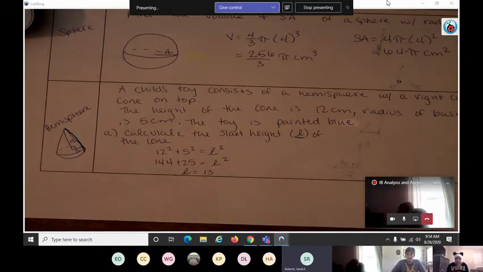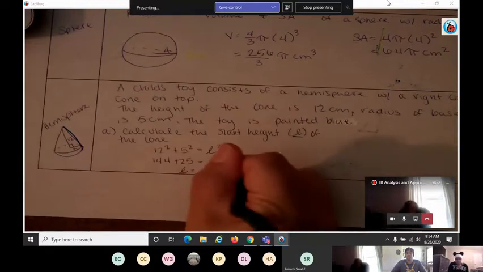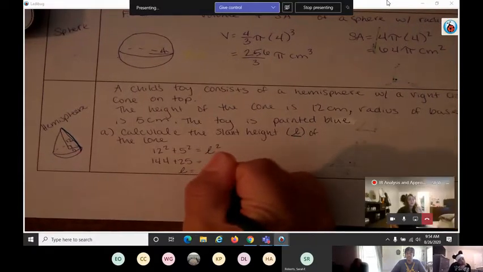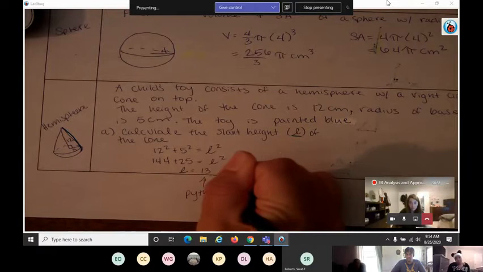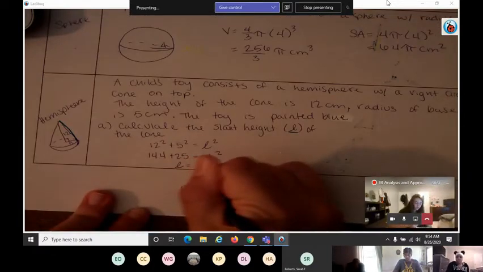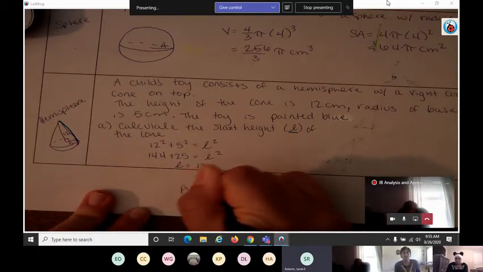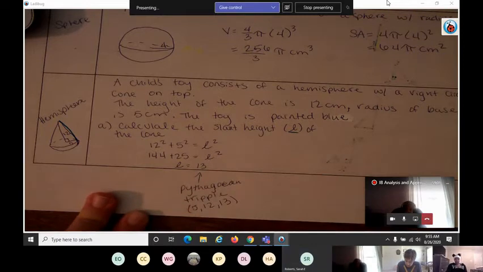Pythagorean triple. Yes, Pythagorean triple. So 5, 12, 13 is a Pythagorean triple.